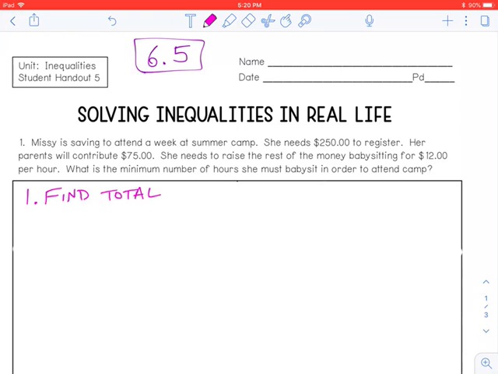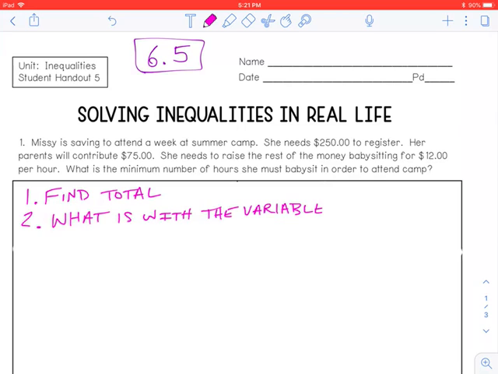Okay, and then figure out what is going to be with x. What is with x, or what is with your variable?